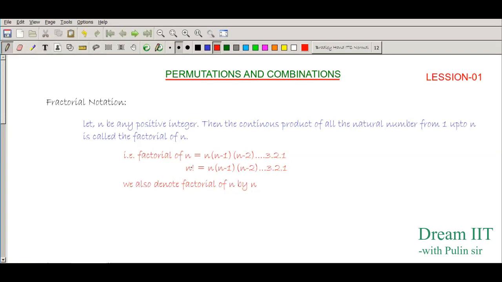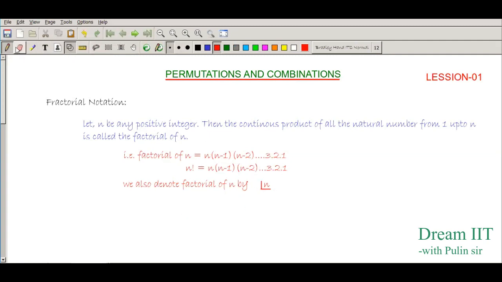One more we are going to use: we keep it inside the bracket like this. I'll keep it a little far so that you can see it easily. We can keep it in the bracket like this. This is another notation for n factorial.